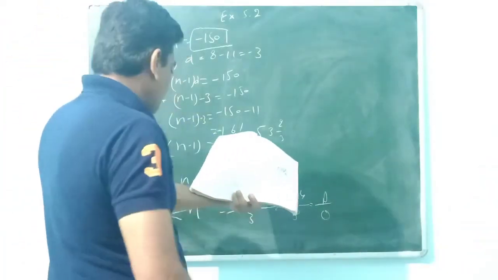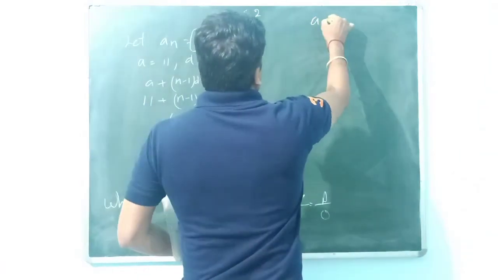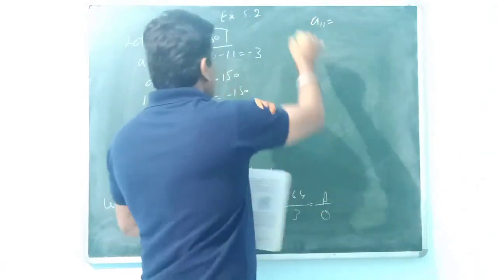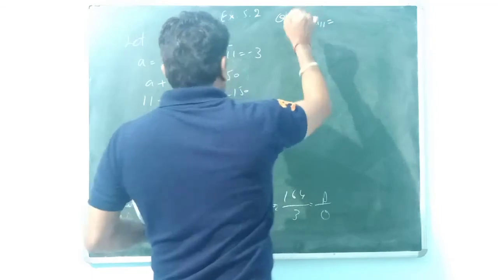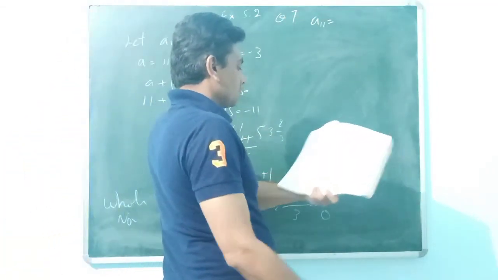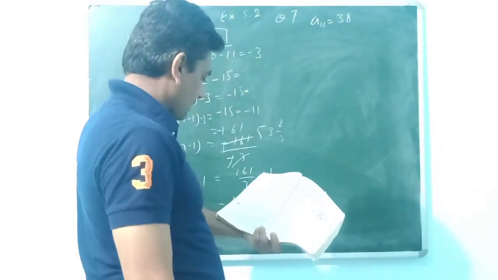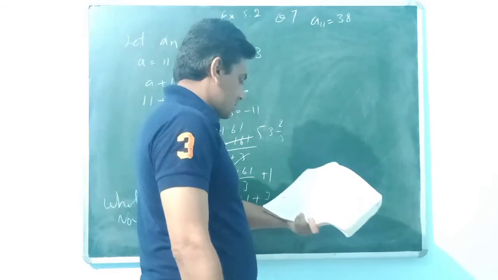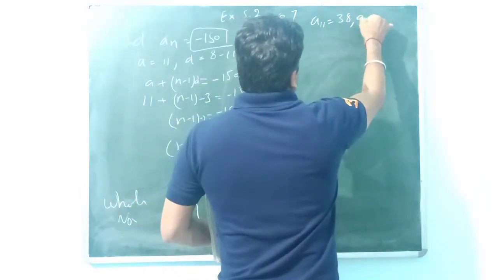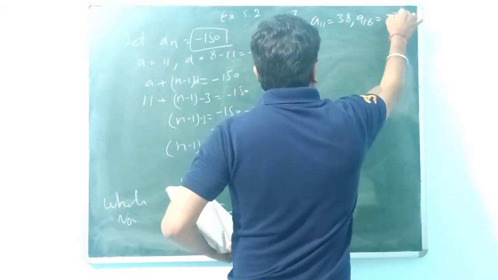Question number 7. Find the 31st term of an AP whose 11th term, a11, is equal to 38 and 16th term, a16, is equal to 73.